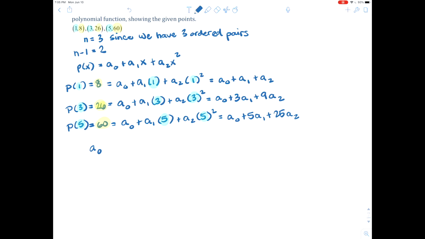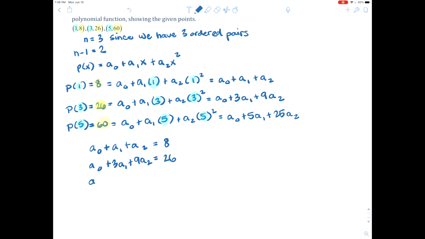For our first one, we have a0 plus a1 plus a2, and I'm going to put the outputs on the other side, and that was equal to 8. The second one is a0 plus 3a1 plus 9a2, and that was equal to 26.